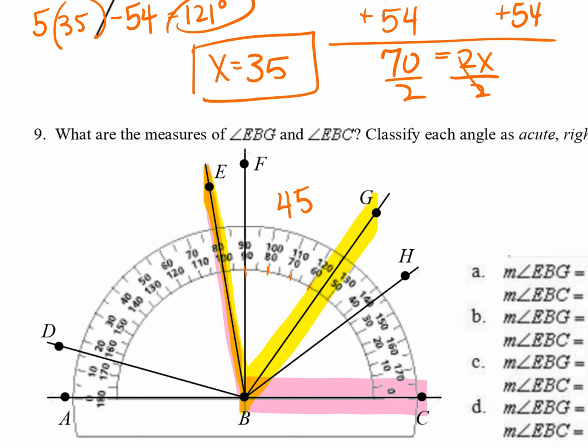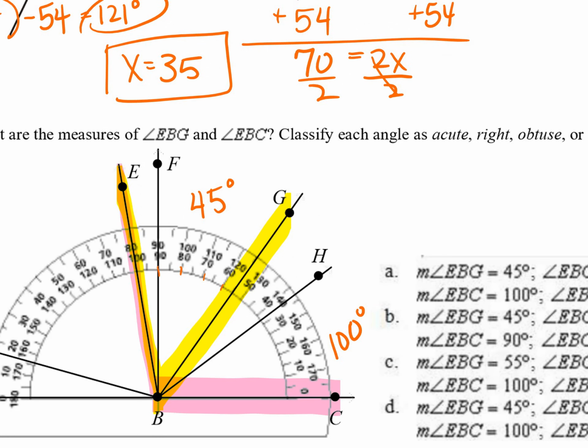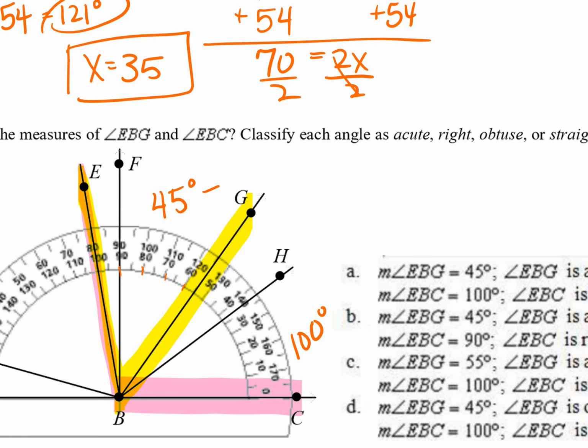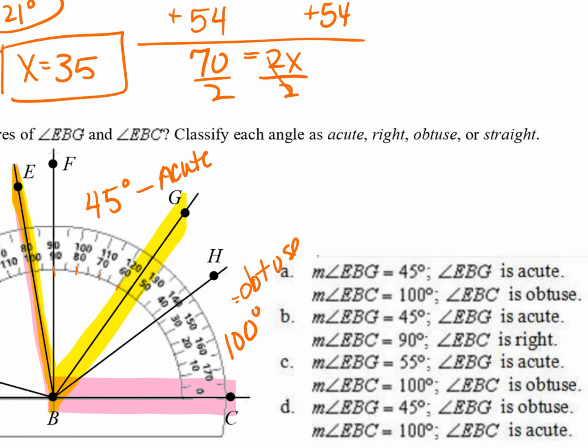This one is 45 degrees. And the whole thing, I'm going to look here, this started at 0 and I come around to 100. So I know the pink one is 100 degrees. So the question is classify acute or obtuse or right. So 45 less than 90 is acute and greater than is obtuse. All right, so EBG is 45, acute, EBC is 100, obtuse. So choice A.